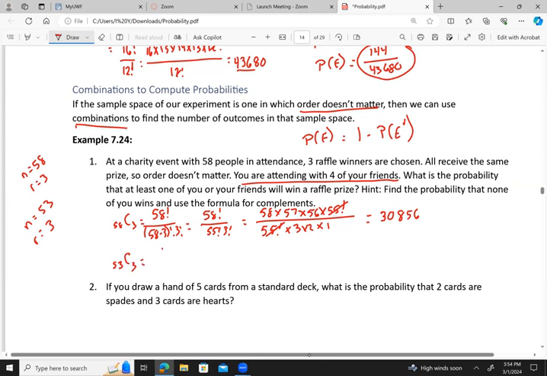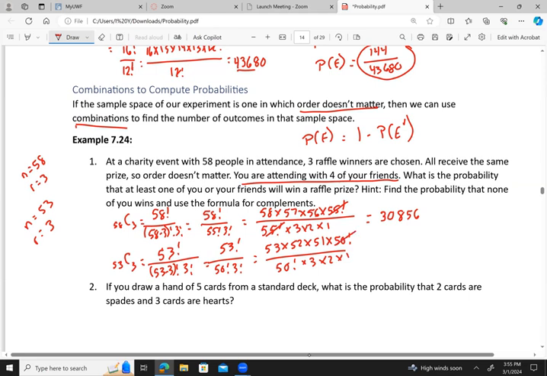So again, we have 53 factorial over 53 minus 3 factorial, 3 factorial. 53 factorial over 50 factorial, 3 factorial. 53 times 52 times 51 times 50 factorial over 50 factorial times 3 times 2 times 1.